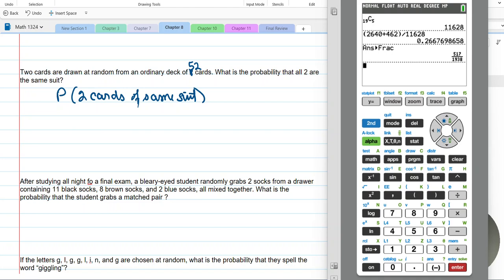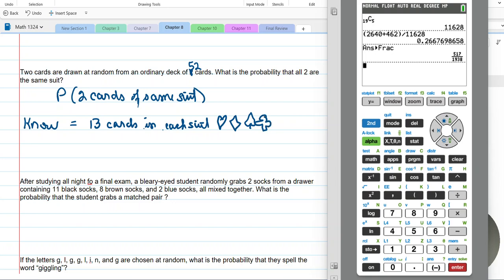So we know there are 13 cards in suit of hearts, diamonds, spades, and clubs. 13.